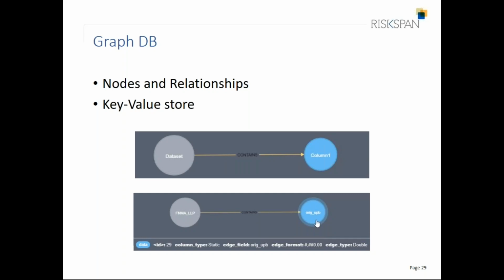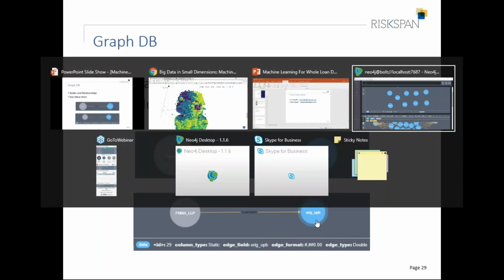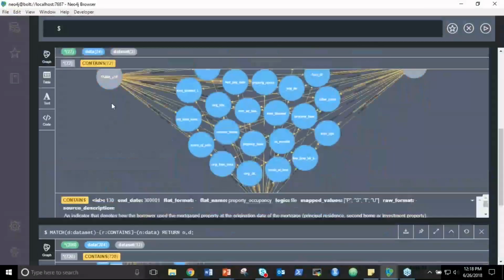So we have this ETL process, and we have all this data, and we wanted to make it easier for analysis. So we decided to take the meta information that you would normally find in data dictionaries and leverage graph database technology to make it more useful. And I'm going to switch over to our database to show you what's going on.